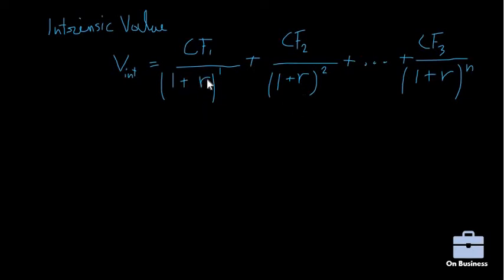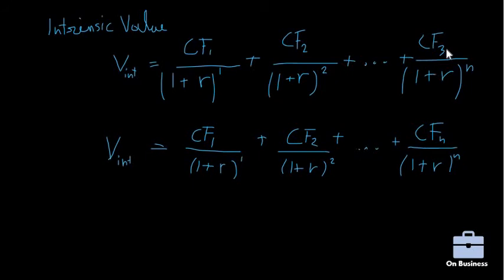So the riskiness is factored in the cost of capital here in the denominator, and this means that my value is affected by the magnitude of the cash flows that I'll be receiving over the lifetime of my asset. And by magnitude, I mean how big the cash flows are. And so this V is written as the present value of those cash flows. By the way, this is cash flow n, not cash flow 3.